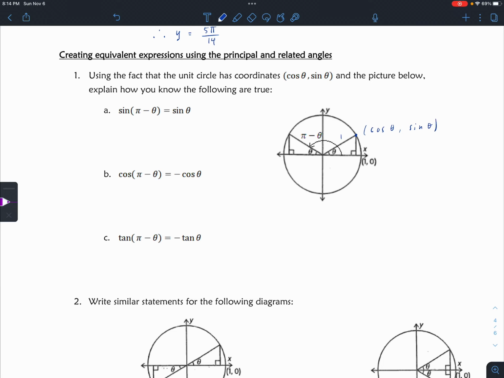The x-coordinate of the point at the end of the terminal arm is cosine theta, and the y-coordinate is sine theta. It's really 1 times cosine theta and 1 times sine theta. I'm just not writing the 1, because having a 1 in front or not having it is exactly the same.